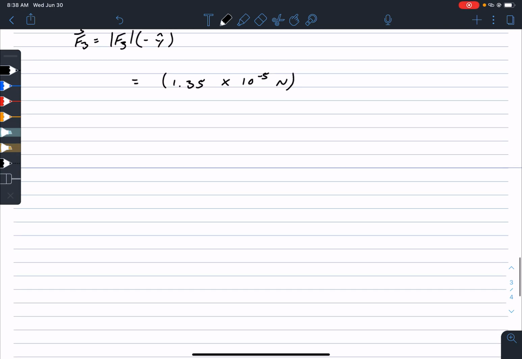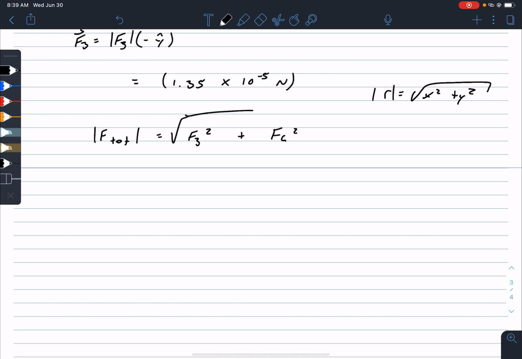Now we want to find the magnitude of the total. We can take our two forces. Remember that the magnitude of r is equal to the square root of x squared plus y squared. So the magnitude of F is going to be the square root of F3 squared plus F6 squared.